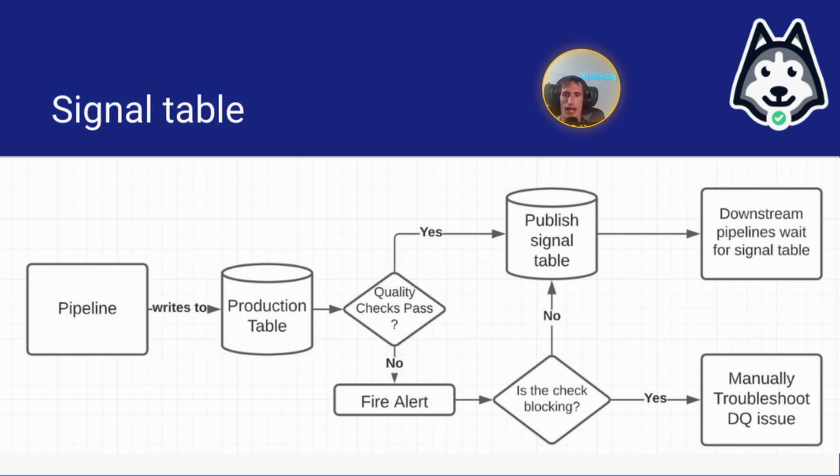The pipeline writes directly to production, and then we run our quality checks on the production table, and we get the same blocking thing. But if the quality checks pass, we have a thing called a signal table, and the signal table tells the downstream pipelines that the data is ready to go. So the downstream needs to wait on the signal table, not on the production table.